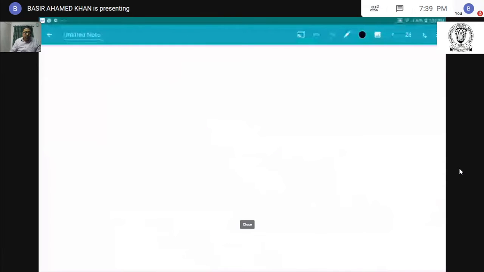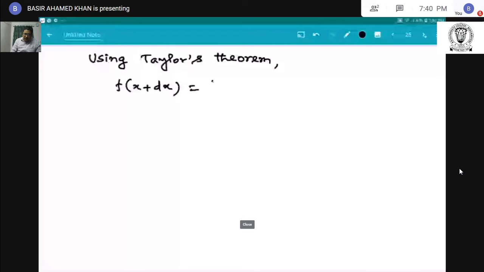Now using Taylor's theorem, f of x plus dx equals fx plus dx into f prime x, where f prime x means dfx by dx, almost equal to fx into 1 minus dx by lambda.